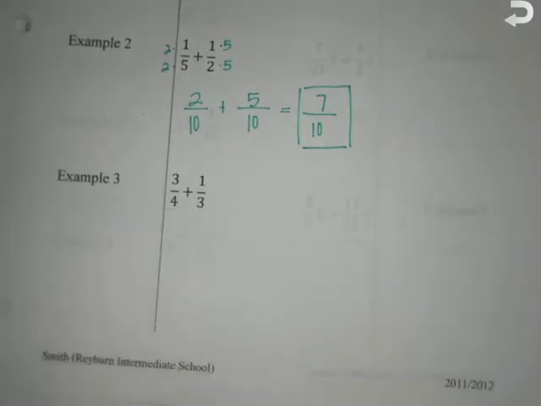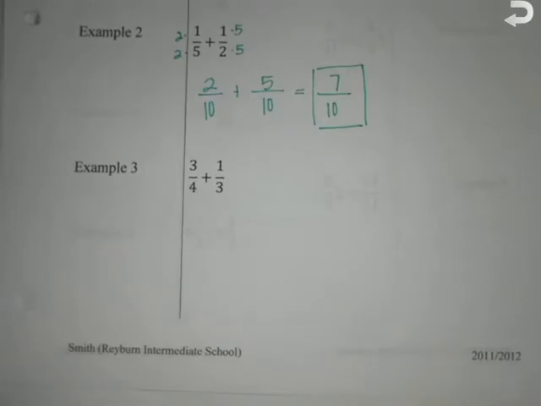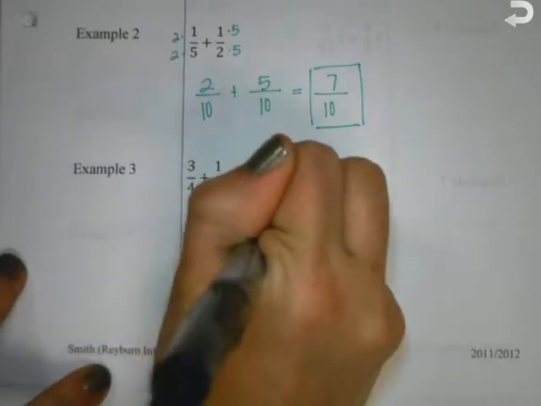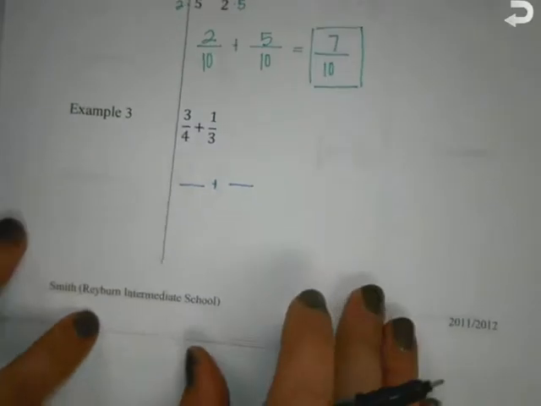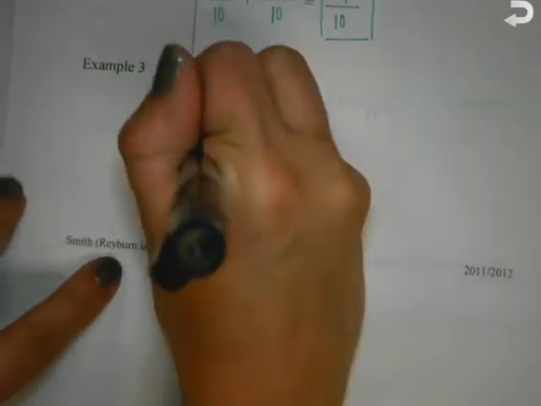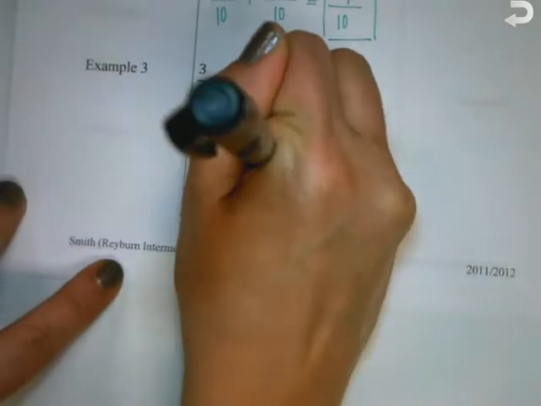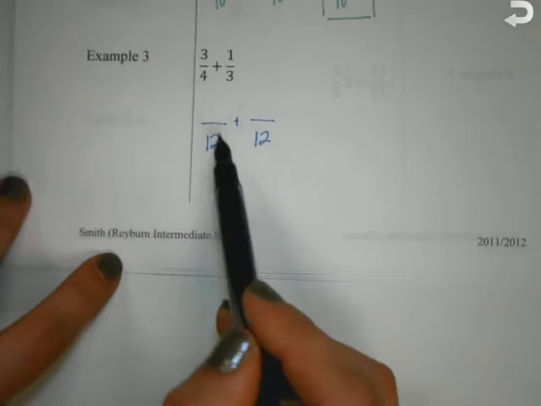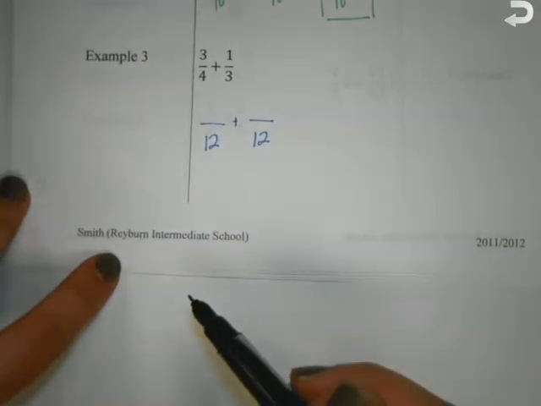So, do I have common denominators? No. What is my common denominator going to be, Preston? 12. Good. Okay, so I'm going to write 12 here. Kim, what do I need to multiply 3 over 4 by to get 12? I want the denominator to be 12. 4 times what's going to give me 12? 3.